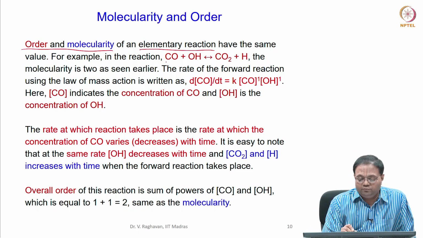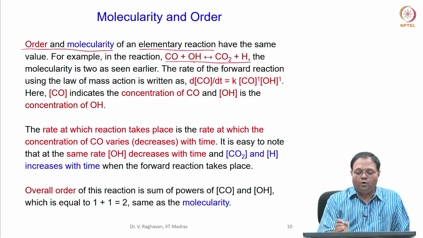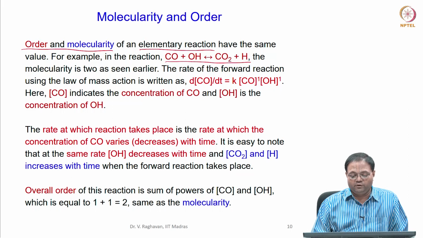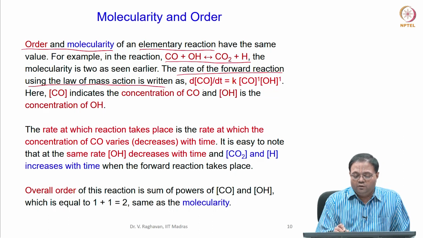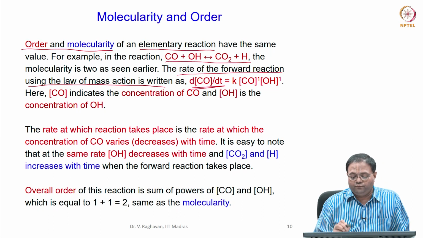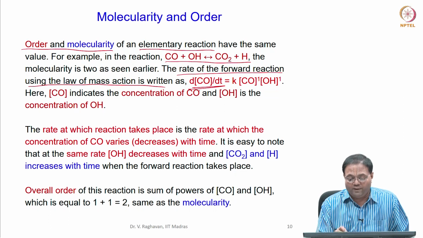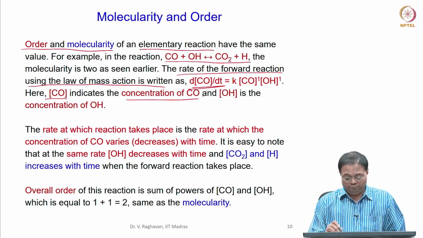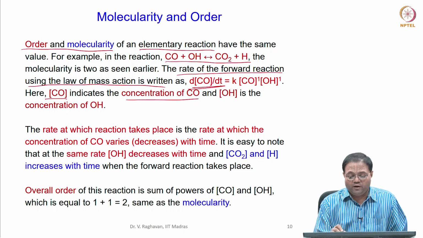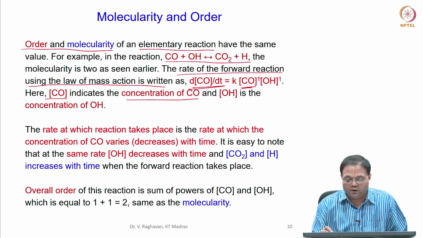See, for example, CO plus OH giving CO2 plus H, the molecularity is 2. We can see that CO and OH, 2 molecules are involved. When you write the rate of this reaction, let us say the forward reaction here, the rate at which the concentration of CO changes with time, d[CO]/dt, square bracket is the concentration of CO. The rate at which the concentration of CO varies with time is proportional to concentration of CO raised to power 1 and concentration of OH raised to power 1.